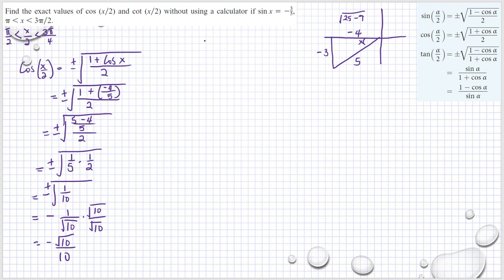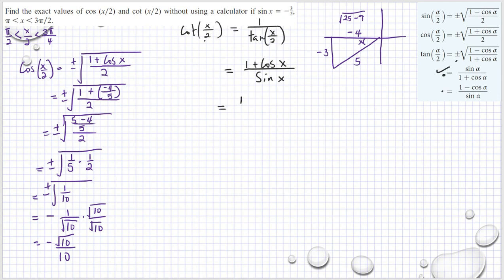For part b, we have cotangent x over 2, and that is the same as 1 over tangent x over 2. So we can use which of these? This is complicated, that's alright. We can start with the reciprocal of this one: 1 plus cosine x over sine x.